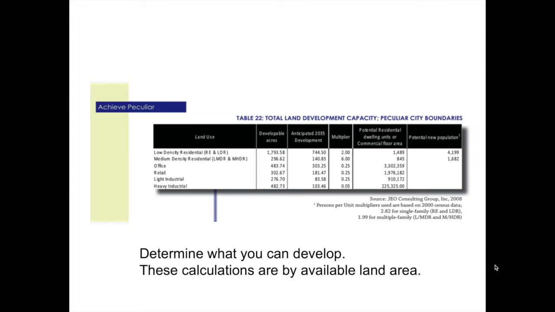So this type of population anticipation is a very typical process that is built into a comprehensive plan. And it's that potential population that helps you forecast the number of houses you're going to need, the number of schools you'll need, the number of grocery stores you want to attract, and other factors that come with that level of development. It's also how you can forecast your taxation and potential revenue.